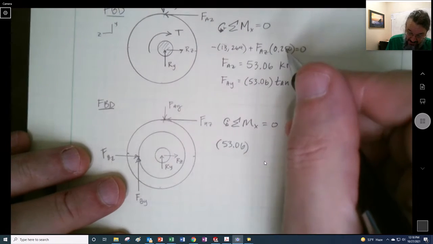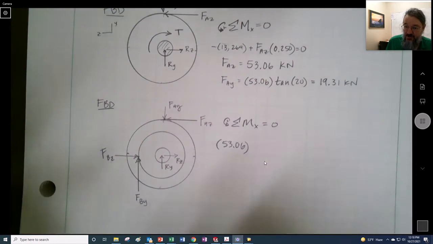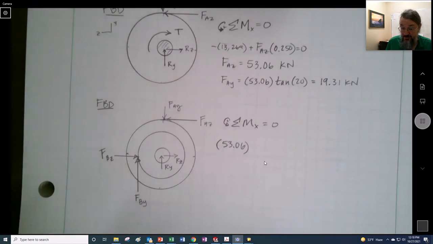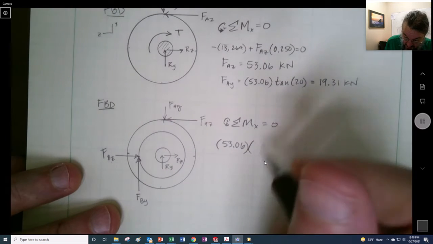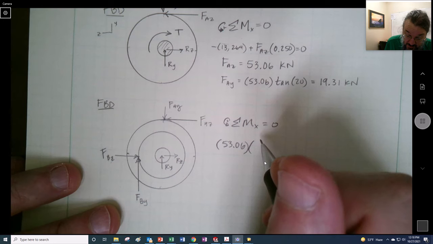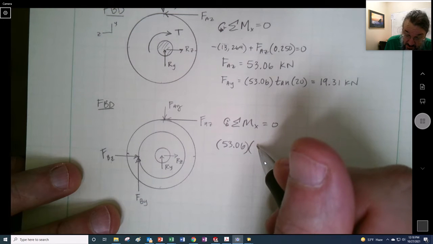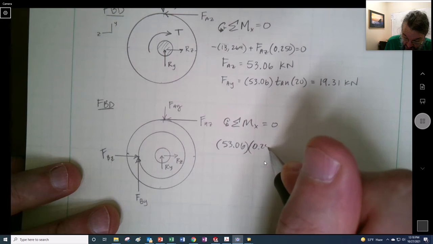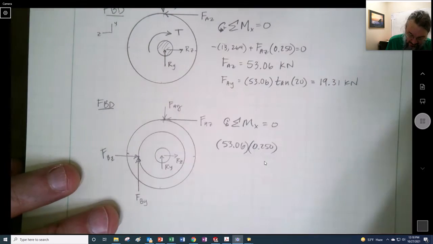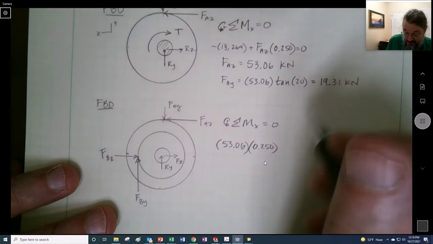53.06. And I could actually use millimeters. I don't need to use meters necessarily in here. And so let me see. I'm distracted by Larry's phone call. 0.25. Yeah, that's the radius of the thing. I could use the diameter too, so they're just going to cancel out.